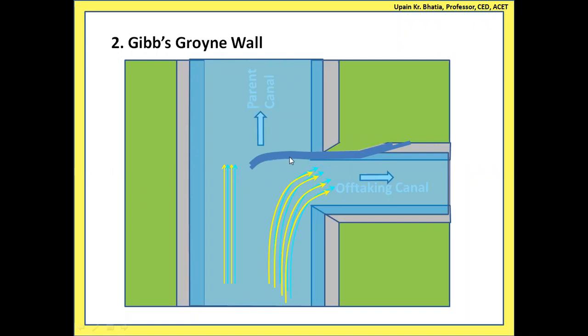Some rectangular holes of sufficient size are provided in the bottom portion of this wall so that the bottom layers are not obstructed much and they find their way to the downstream side as well.